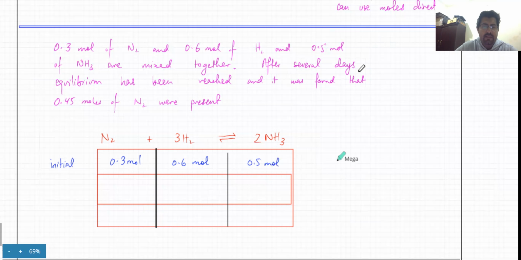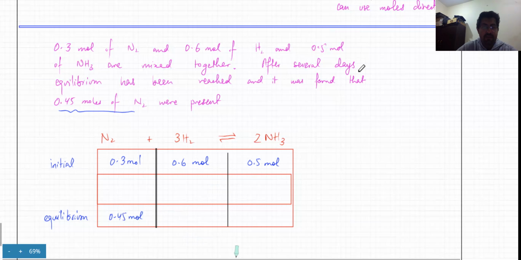So this is what you added initially in the container, and the only information provided is at equilibrium. Once you have reached equilibrium, it states over here that when they opened the container at equilibrium, it was found that 0.45 moles of N2 were present.